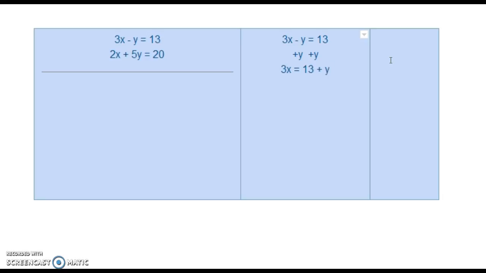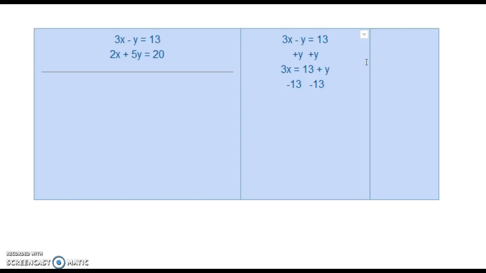Now y is not by himself yet, but now it is positive. That makes things much easier for us. So to get y by himself, we're going to get rid of that 13. And to do that, we'll subtract 13. So we're going to subtract 13 on both sides of our equation.